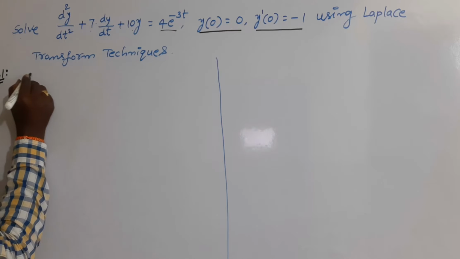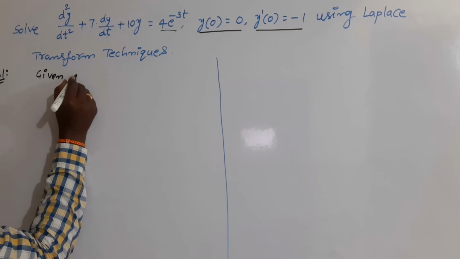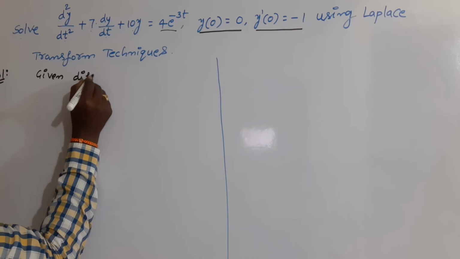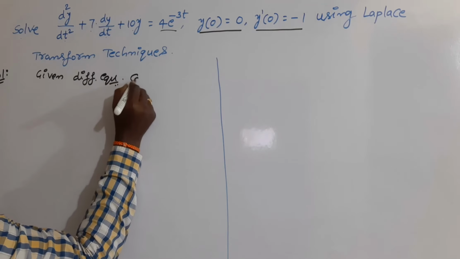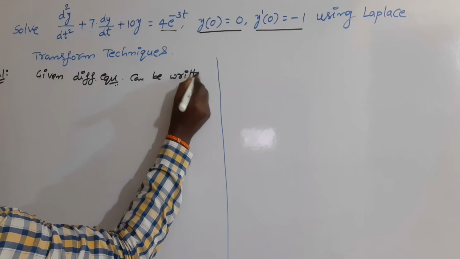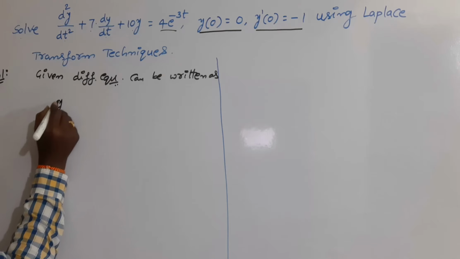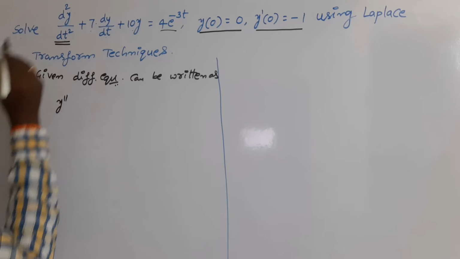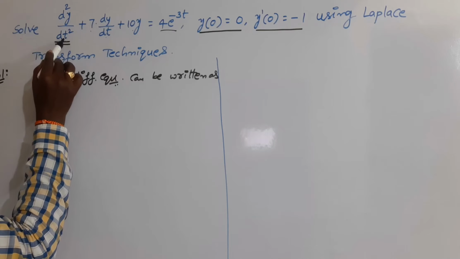First of all, I will write the given differential equation as y double dash plus 7 into y dash plus 10y is equal to 4 into e power minus 3t. Here d square y by dt square is nothing but the second derivative of y with respect to the independent variable t.